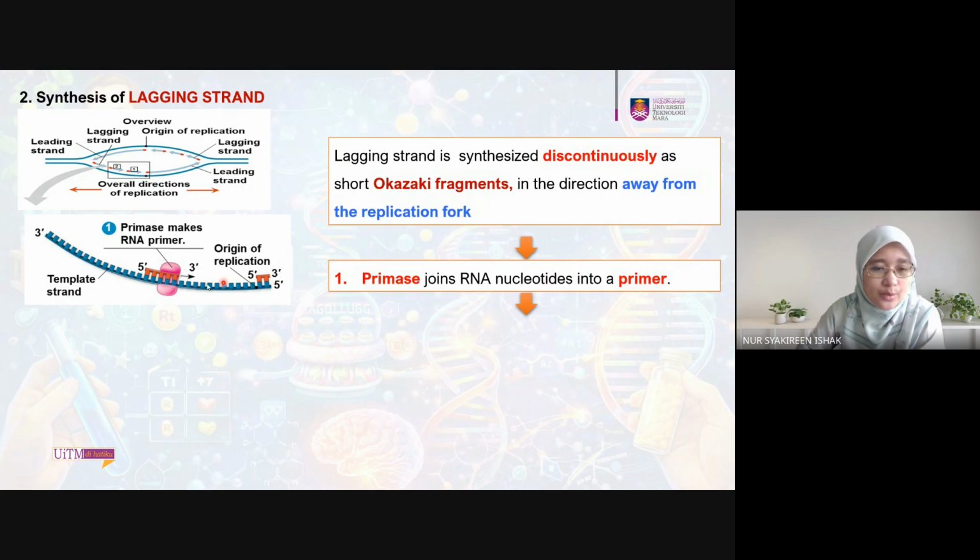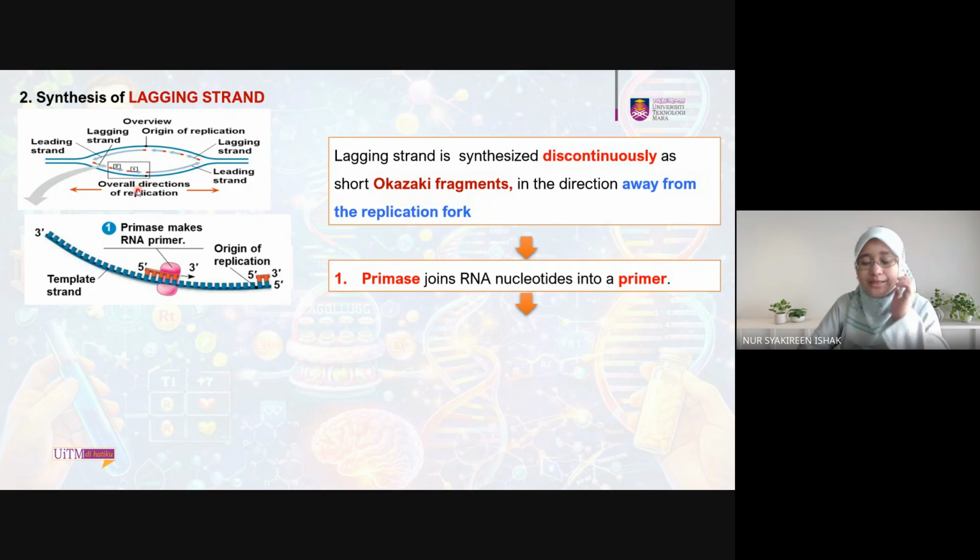Here we are going to observe the synthesis of the first Okazaki fragment. This is the first Okazaki fragment, this is the second, and this is the third. As the replication bubble gets bigger and bigger, you will observe more synthesis of the next and next Okazaki fragments. The first Okazaki fragment is synthesized at or near the origin of replication.